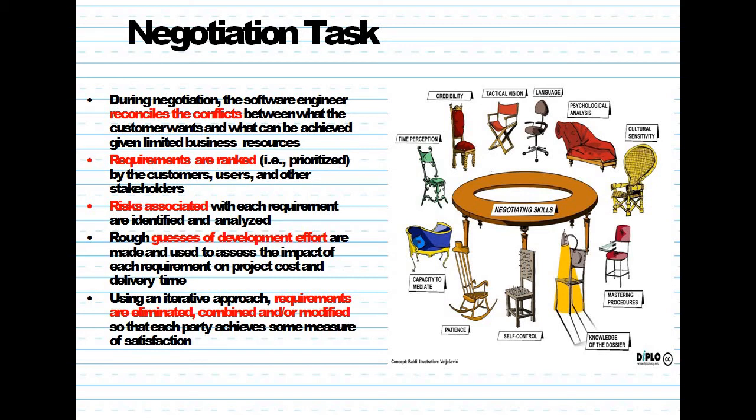So, estimates of development efforts are made and used to assess the impact of each requirement on project cost and delivery time. Using an iterative approach, requirements are eliminated, combined, or modified so each party achieves some measure of satisfaction.